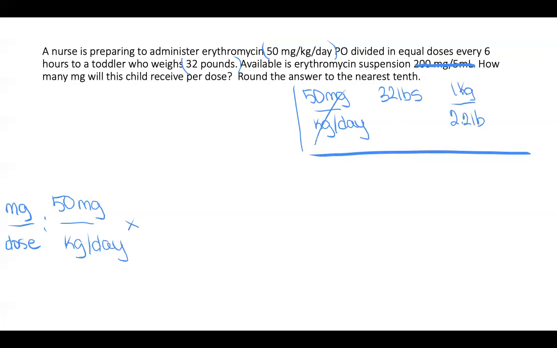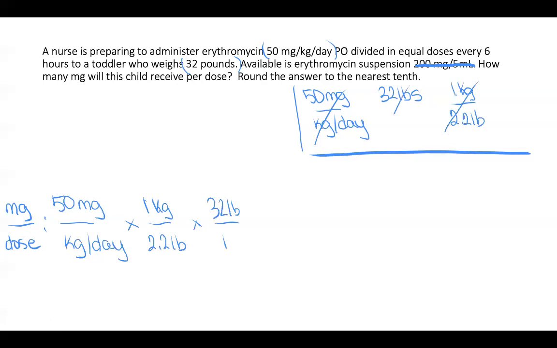So we're going to plug in our conversion. 1 kilogram over 2.2 pounds. Okay, now the problem says, well, I have pounds here, so I need pounds here. So I come up here and grab my pounds out of the box. 32 pounds over 1.